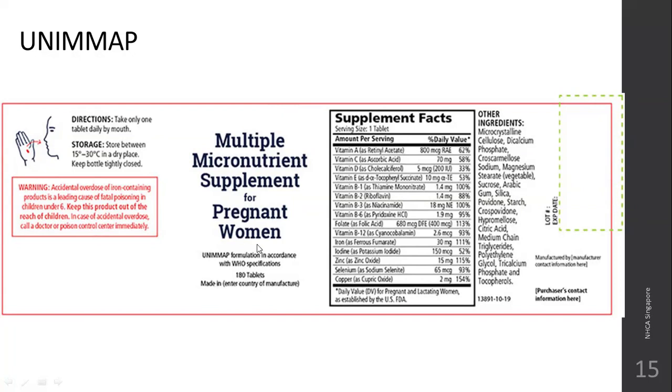So for 6 months, you can use this multiple micronutrient supplement for pregnant women. And it can be made in any country. Okay, you can use this label, whichever country is using, they can put their name, but the content should be the same.